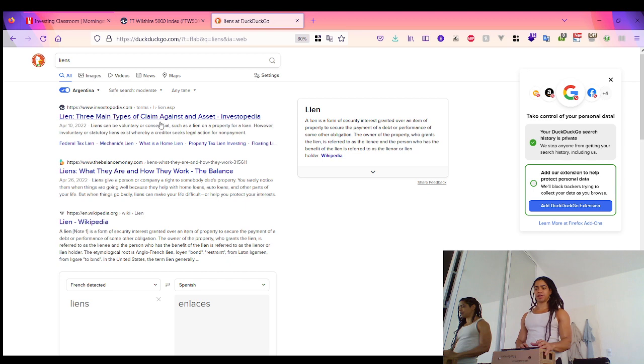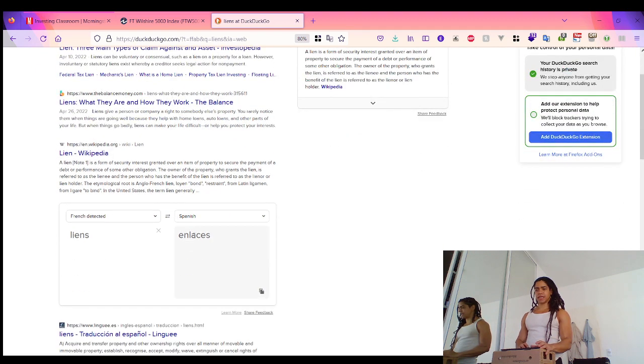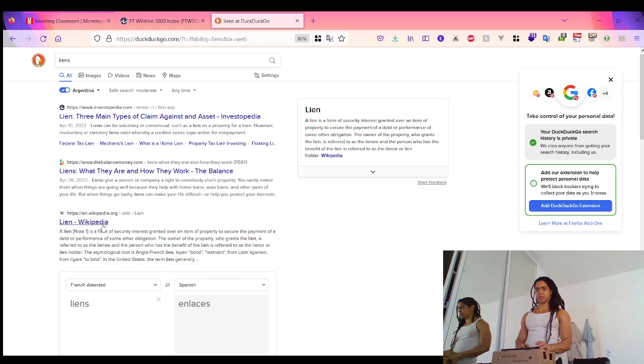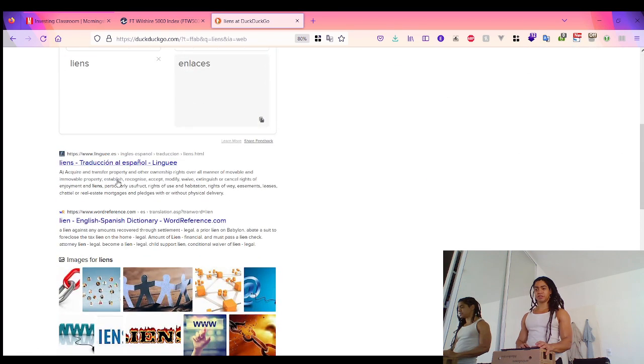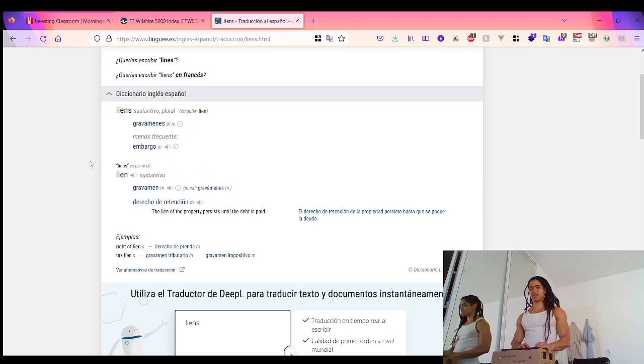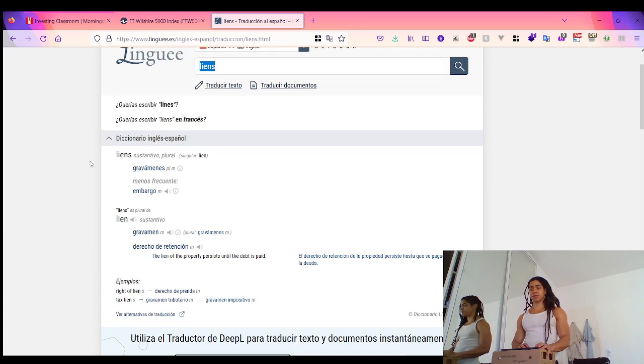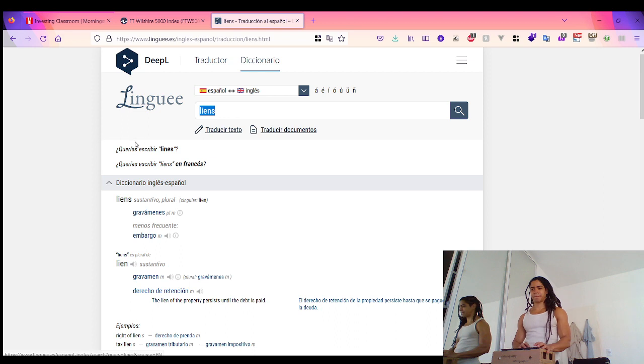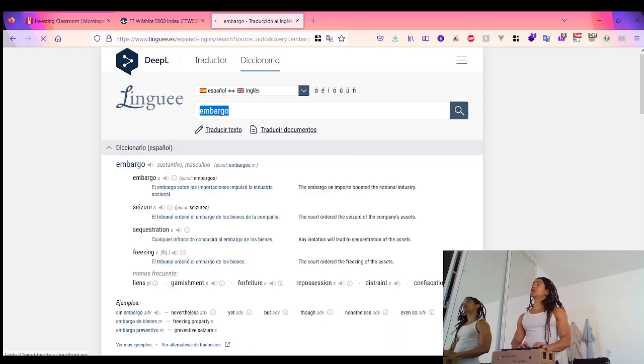In Spanish it's agravo, it says enlaces, but depending on the context in finance, it is gravámenes, liens, or embargos, which means mortgage, no, holy, what? Oh my god, mortgage is.